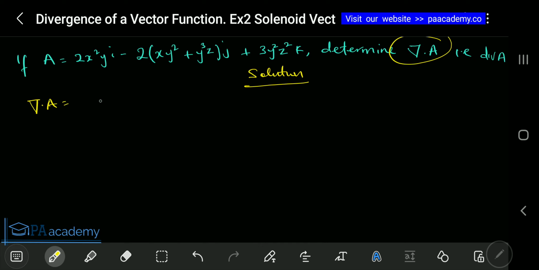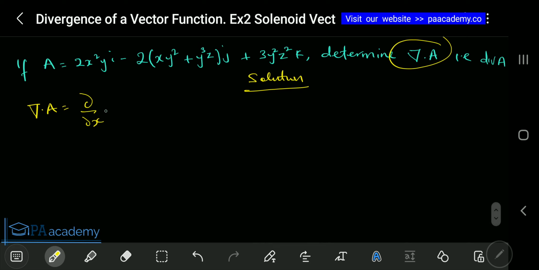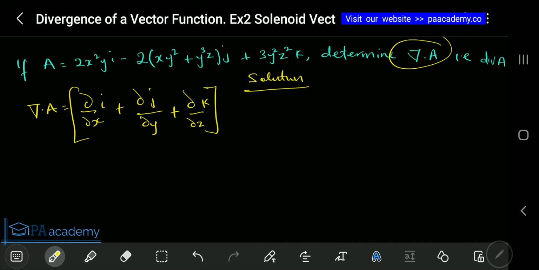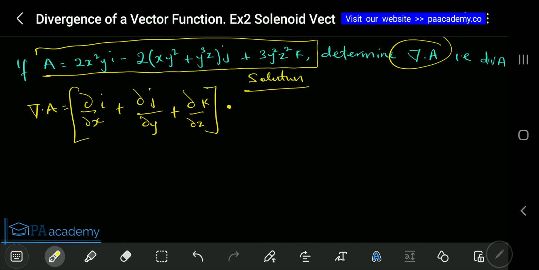So we know that div A is partial differential over partial differential of x, i, plus partial differential over partial differential of y, j, plus partial differential over partial differential of z, k. Okay, and then the dot product of A, which is the function, which is this.